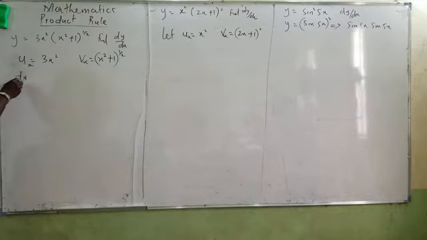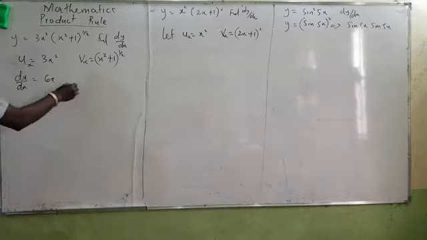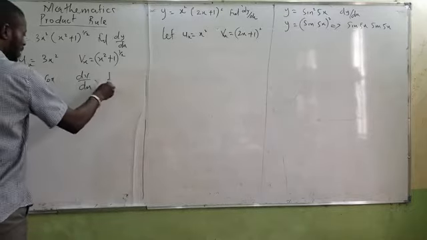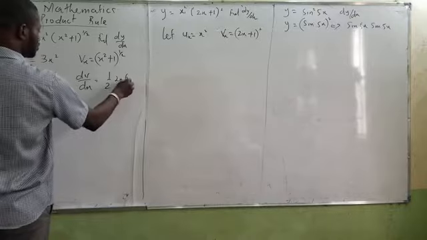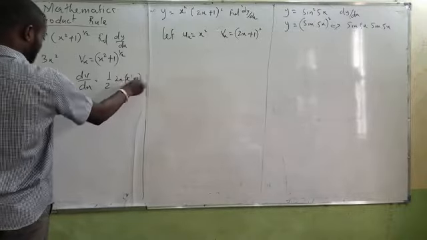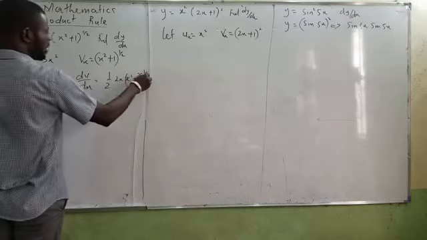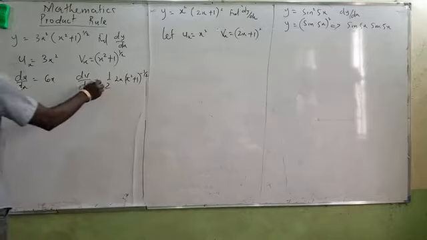Don't forget du/dx will be equals to 6x, and dv/dx will be, bring down the power, differentiate inside 2x, return the function, and minus 1 from the power, minus 1 all over 2. Now, can you see that is what you need to understand there?